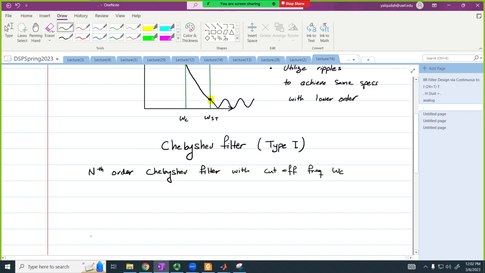omega cutoff, then the squared magnitude response h of j omega squared is going to be given by 1 over 1 plus epsilon squared Tn squared of omega over omega cutoff, where epsilon is greater than 0 and less than or equal to 1, and epsilon is called the ripple factor.